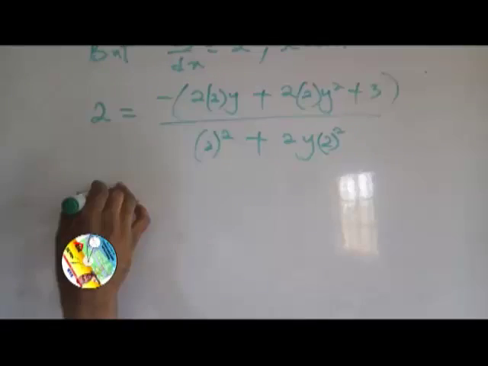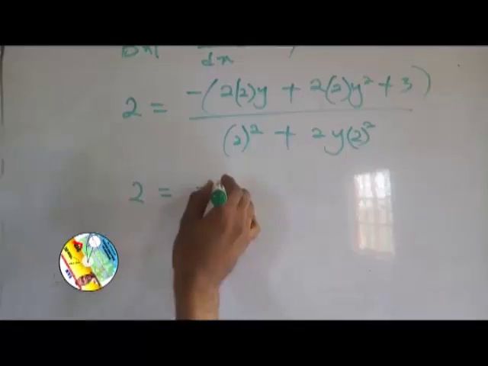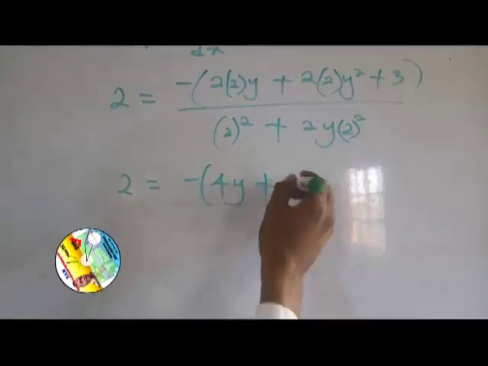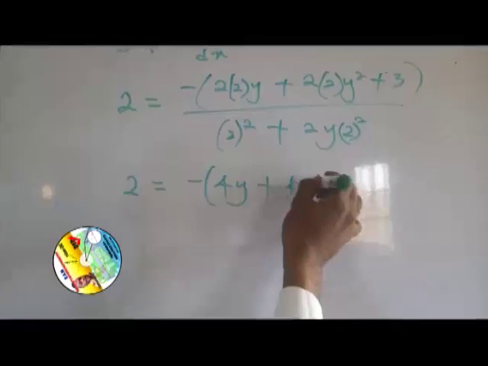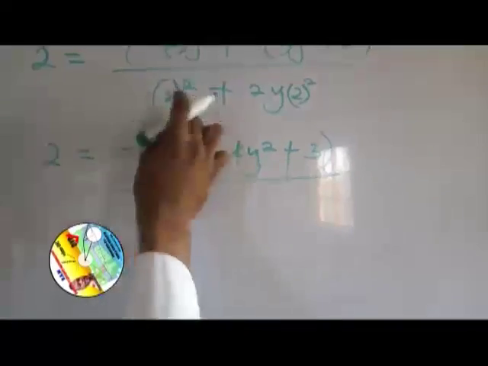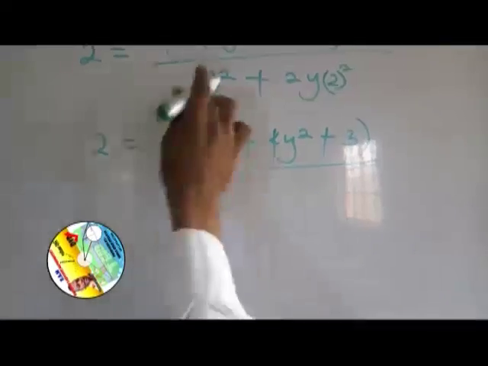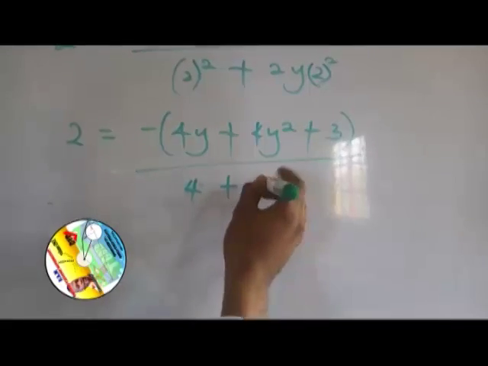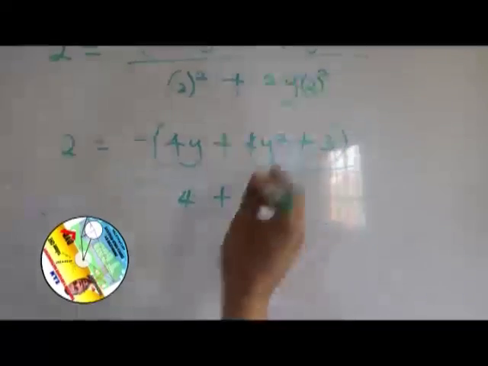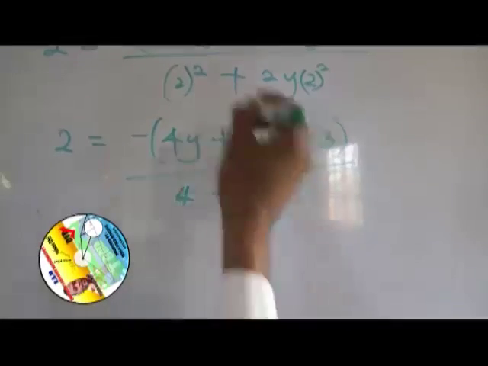That's what I'm having. So therefore I'm going to be having 2 equal to minus open bracket 2 times 2, that's 4y plus 4y squared plus 3 over 2, that's 2 squared, that's 4, plus this one is 4, 2 times 2 is 4, that will be 8y.